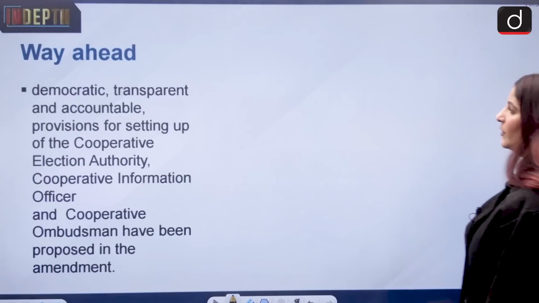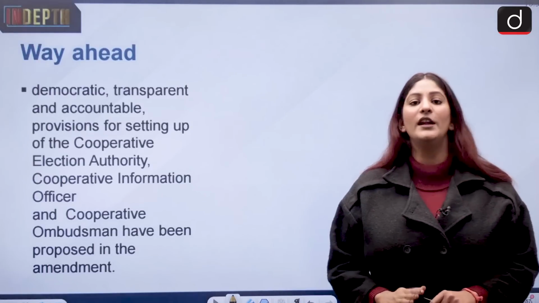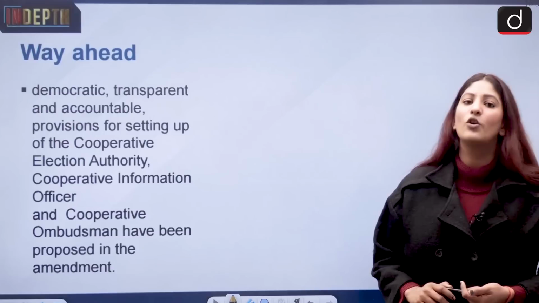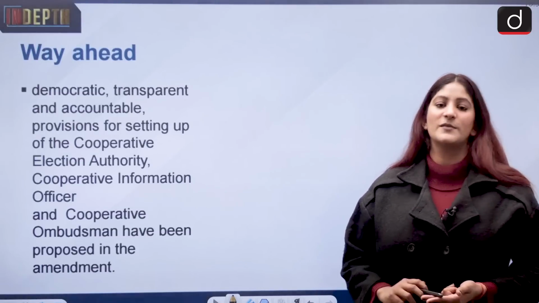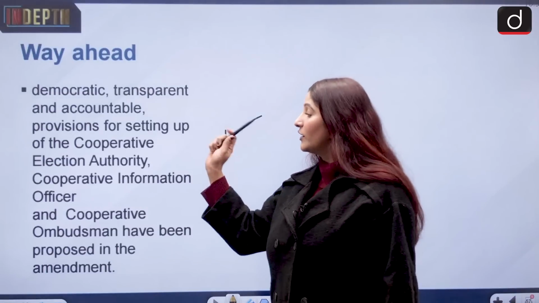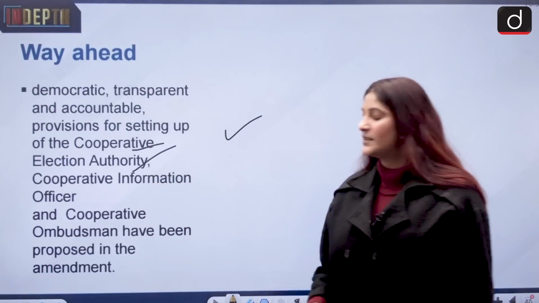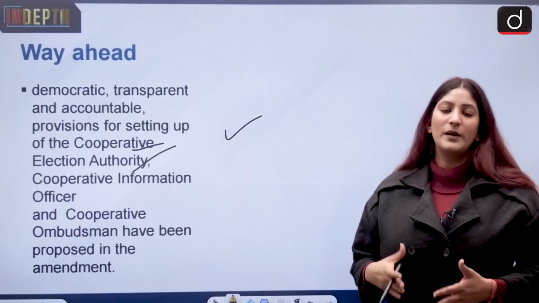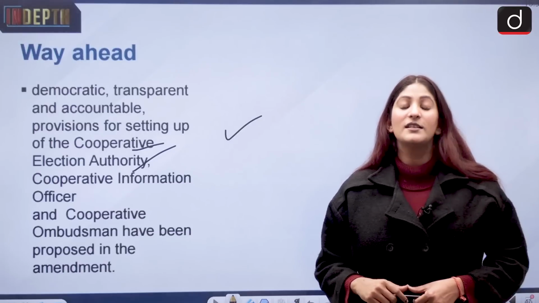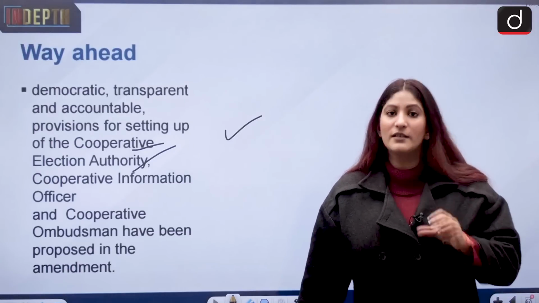Now, if we have to talk about the way ahead, in order to ensure that there is democratic representation in the multi-state cooperative society, and that it is transparent and accountable, the Cooperative Election Authority has been set up. And when it is there, of course, it should be ensured that the government does not have to intervene a lot.